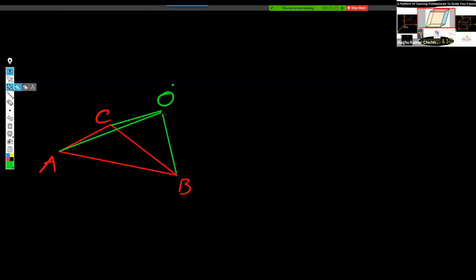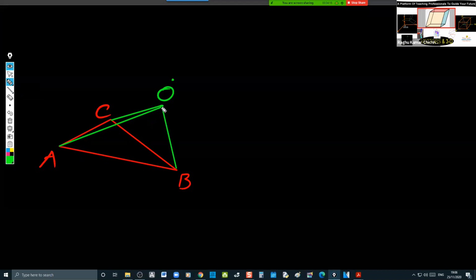For this tetrahedron, these are the coordinates given. O is given to be 0, 0, 0. Let me write A here.